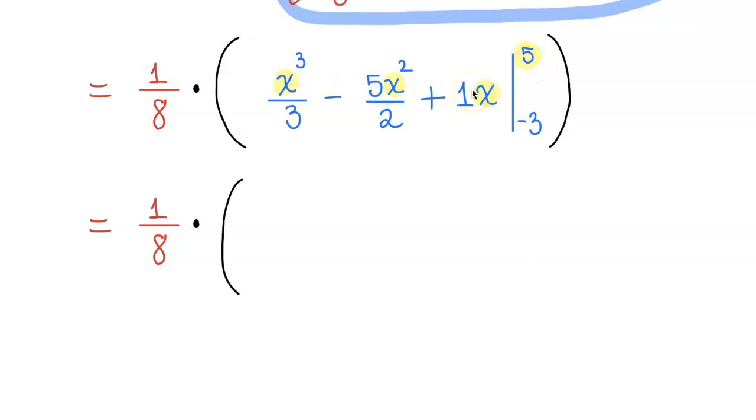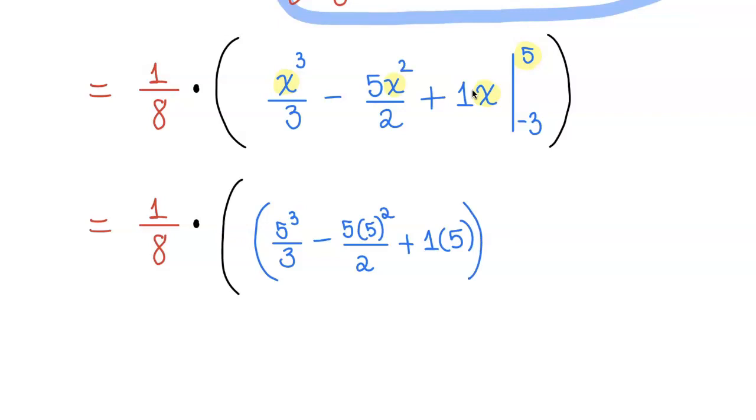So that's going to give me 5 cubed over 3, minus 5 times 5 squared over 2, plus 1 times 5. Whatever I get by plugging in this blue chunk, I will subtract by the answer I get this time when I plug in -3. So I'll show you what I'm about to do.